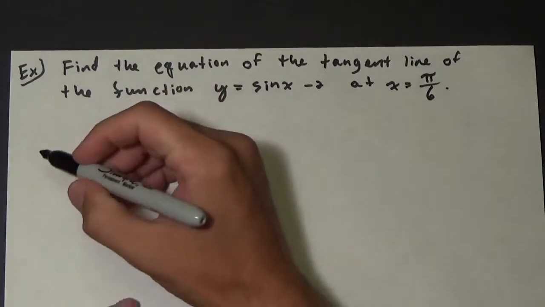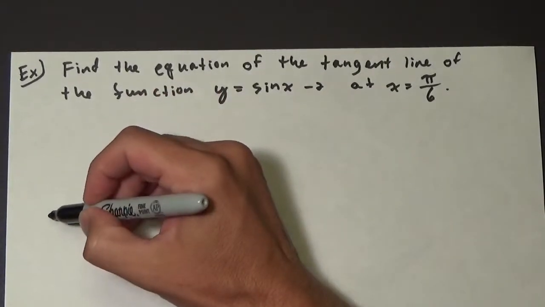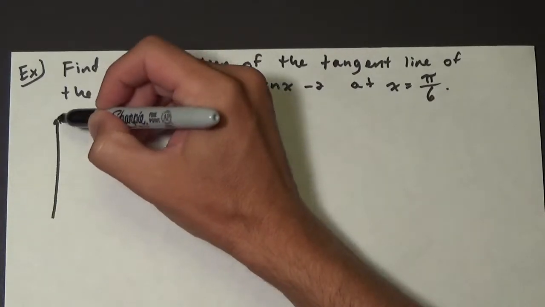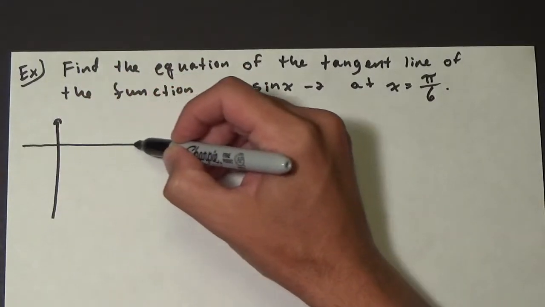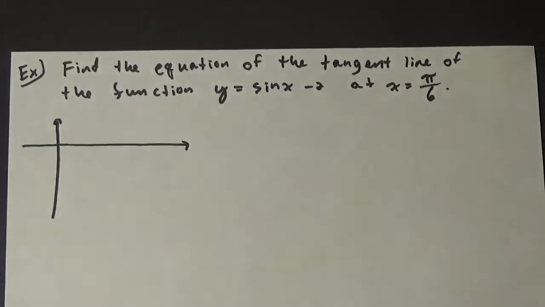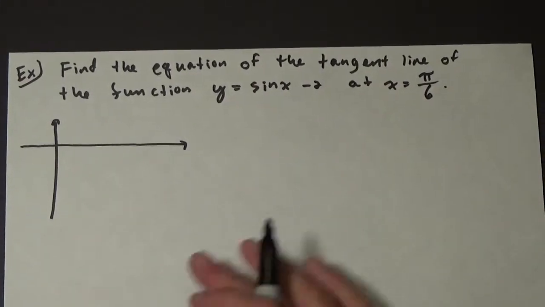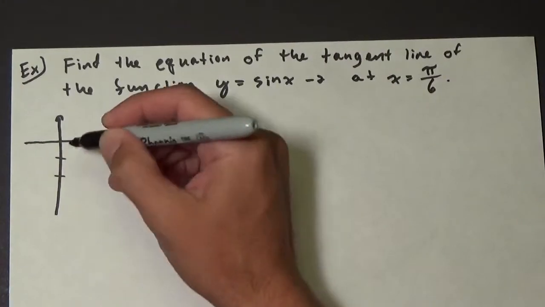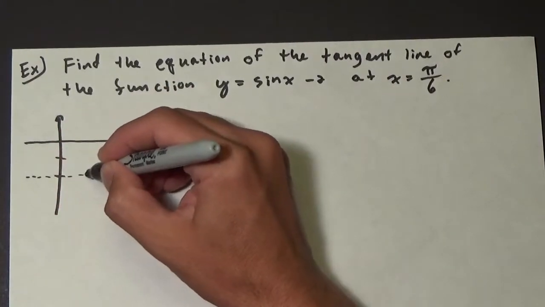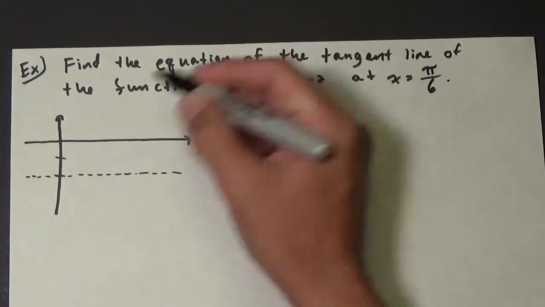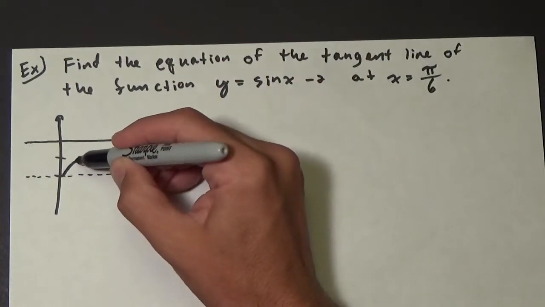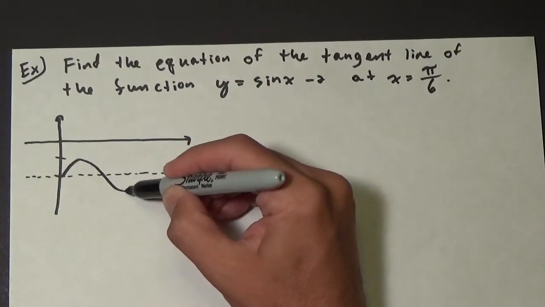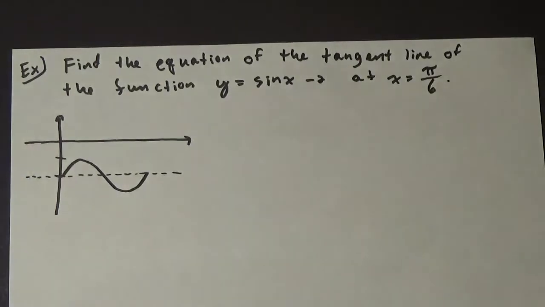Now, normally you don't have to graph these. Sometimes it's good to graph them, but we're going to go ahead and graph this one just to get a visual of what we're looking for. So the sine of x minus 2, that's down 2 units. 1, 2. And then here's our general sine function. There we go.